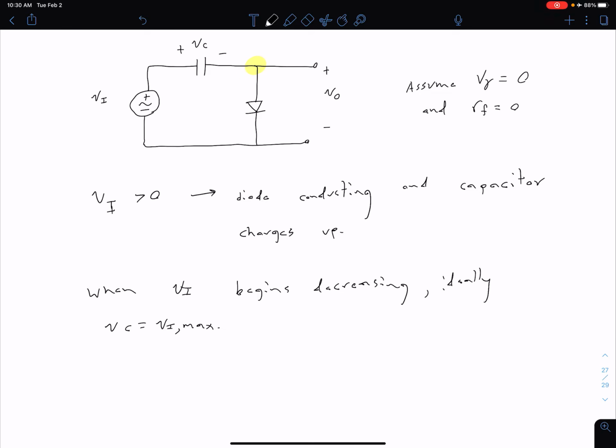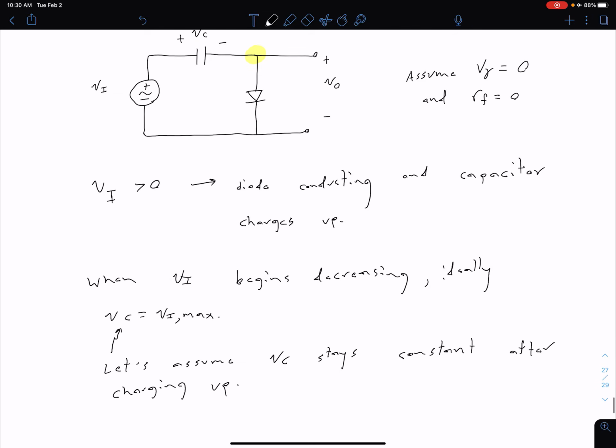Now, we can make another assumption that's going to make our analysis a little easier, even though a little less accurate. Let's assume that VC stays constant after charging up. That's not a terrible assumption.